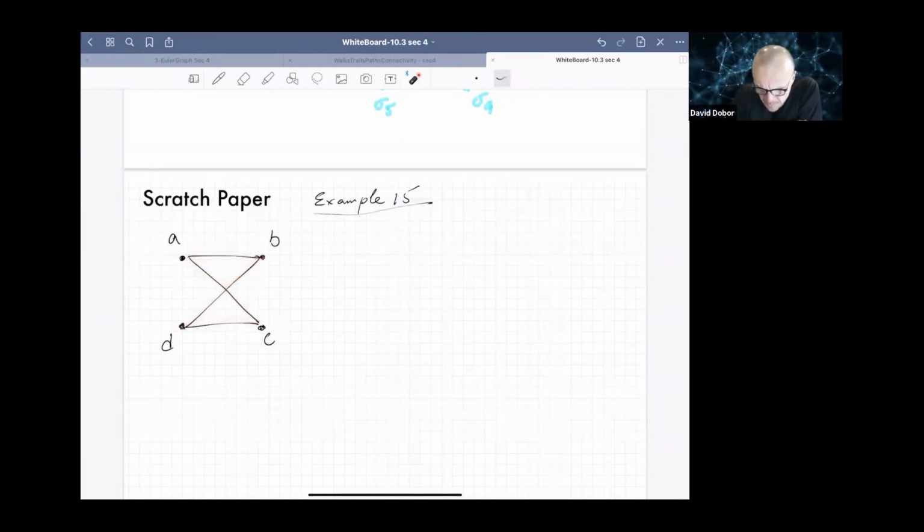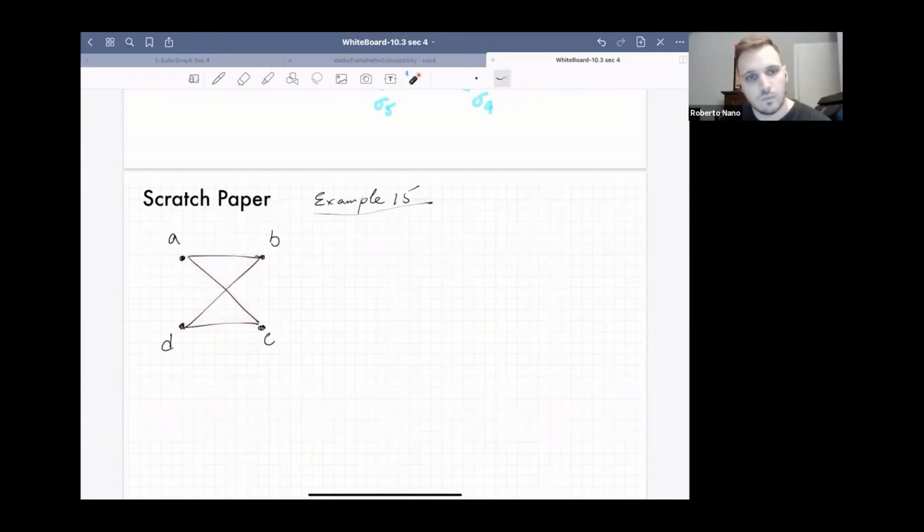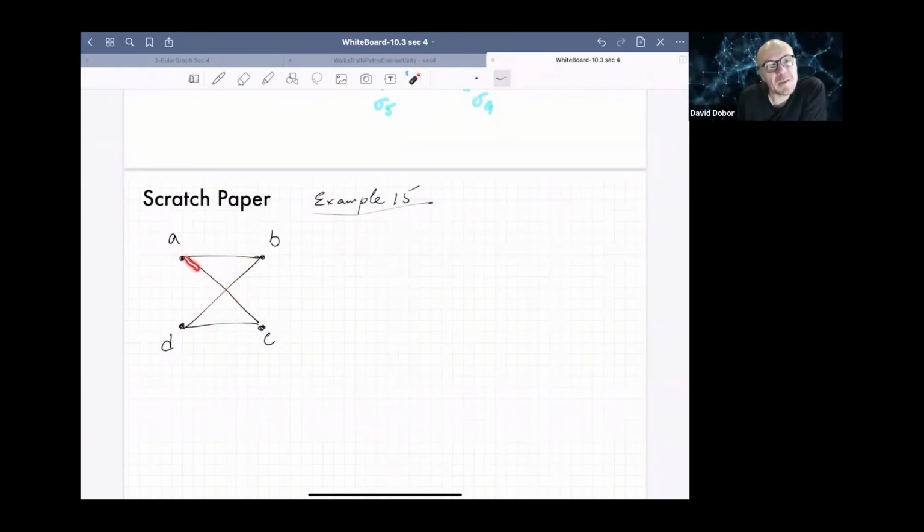How many paths of length 3 are there from A to B? First of all, are there any paths of length 3 from A to D? No. How about from A to B? Well, there's 1, here.